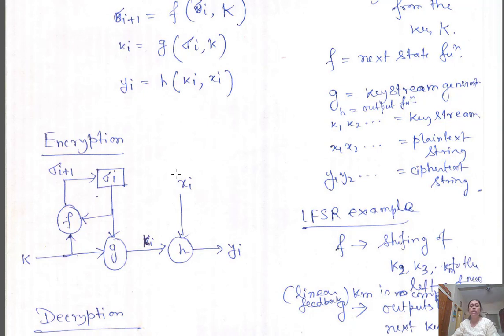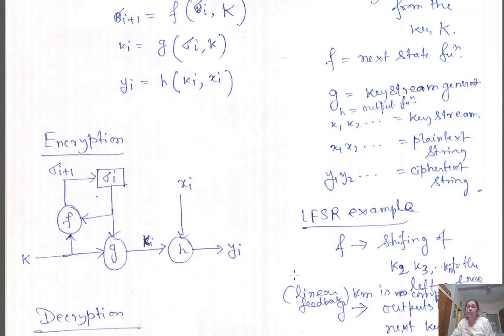Let's illustrate it with the LFSR example. In the LFSR case, we have used F to be the shifting function, shifting the key stream digits K2, K3, Km to the left. Initially your LFSR is holding K1, K2, Km, and K1 is producing the output of the key stream generator.